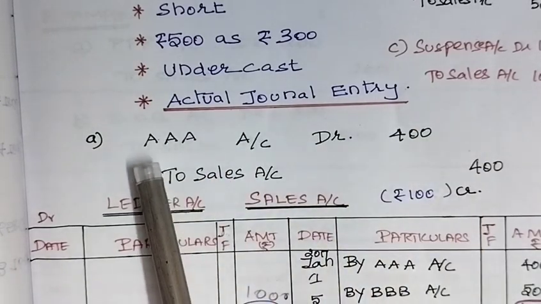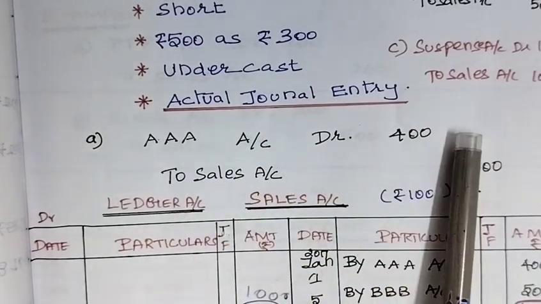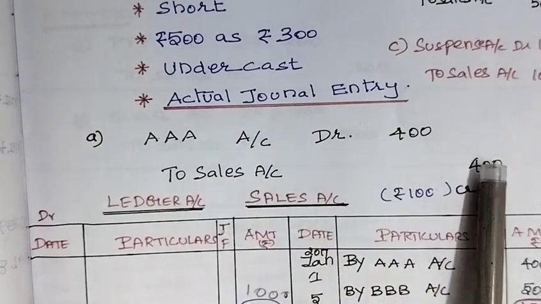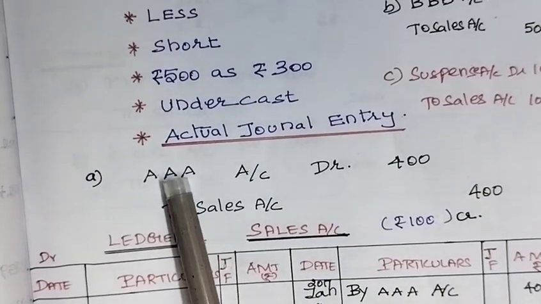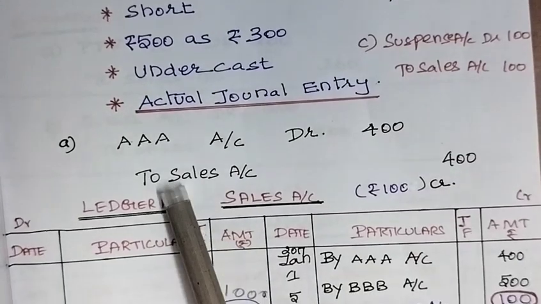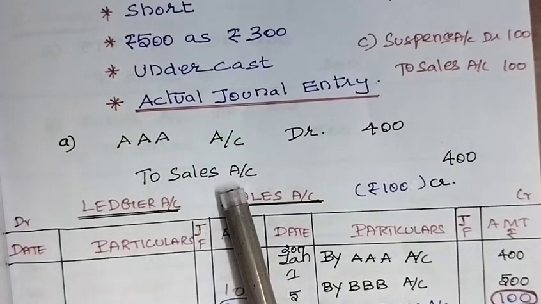What is the journal entry? The sales account appears on the credit side of the journal entry, and the opposite account is the debtor account, such as AAA account, BBB account, or cash account, a person account. So the entry is: AAA account debtor 400 rupees, to sales account 400 rupees. This is one example. The sales account appears on the credit side.